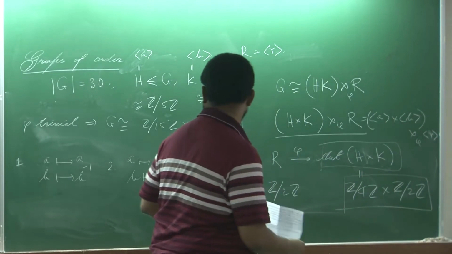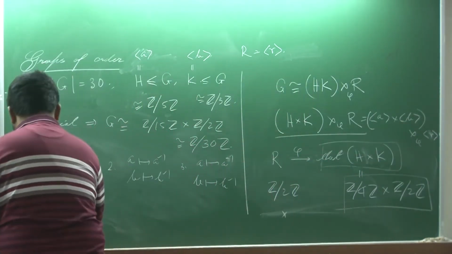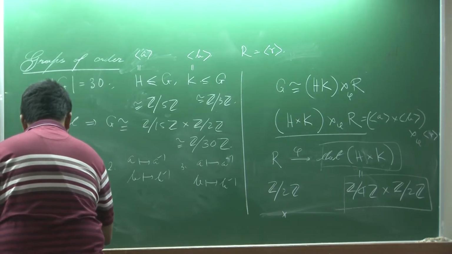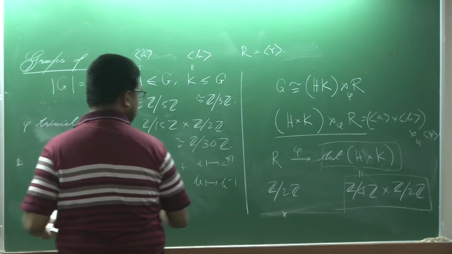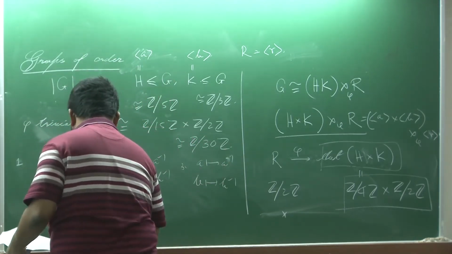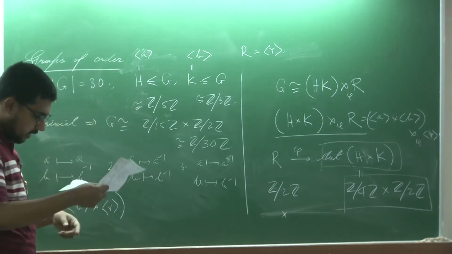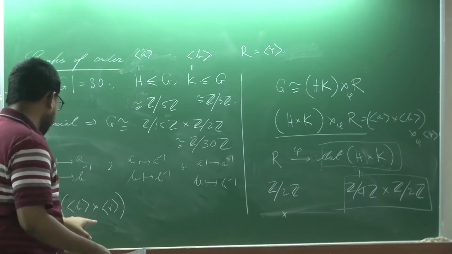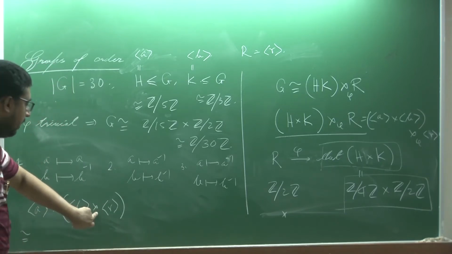Since in the first case R is centralizing H, this simply becomes Z modulo 5Z, and then we have this semi-direct product, and here this is not trivial.